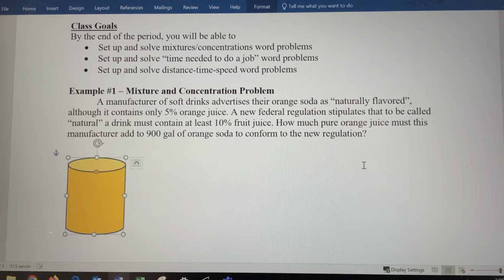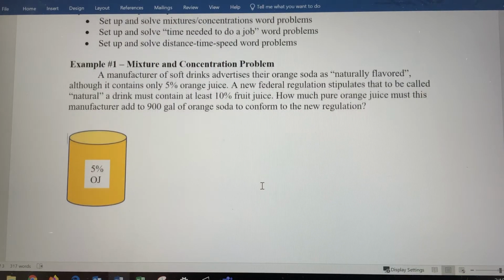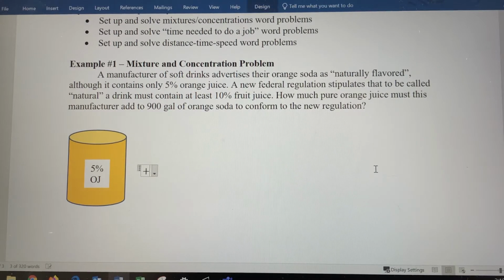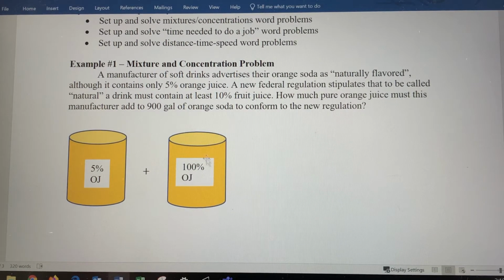So first thing we want to do, our 900 gallons that we start with was 5% OJ, okay, just to meet the previous criteria. And we're going to add to that another container of just orange juice. There's no soda in here. It's 100% OJ in the second container.